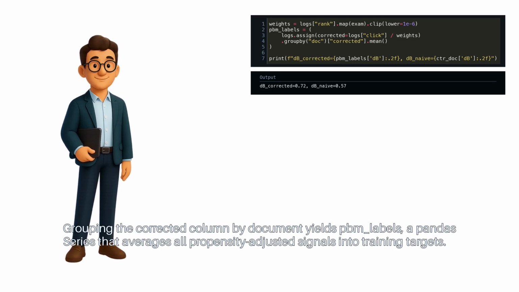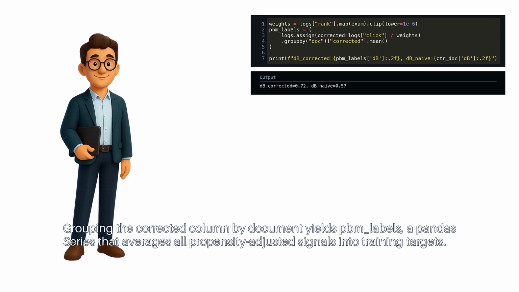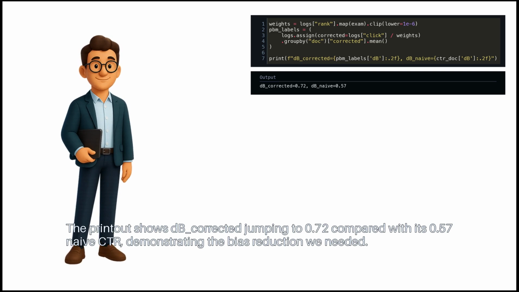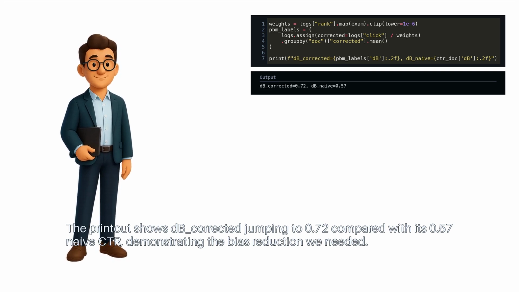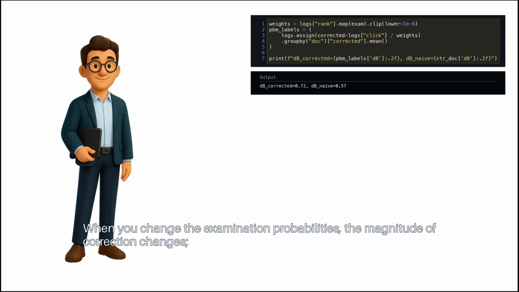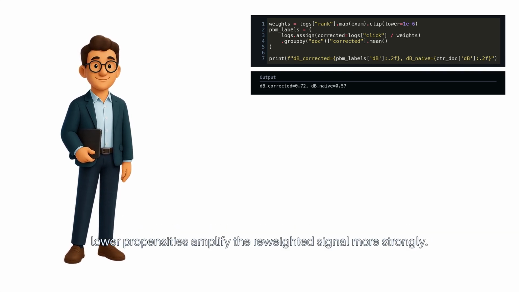Grouping the corrected column by document yields PBM labels, a pandas series that averages all propensity-adjusted signals into training targets. The printout shows DB corrected jumping to 0.72, compared with its 0.57 naive CTR, demonstrating the bias reduction we needed. When you change the examination probabilities, the magnitude of correction changes. Lower propensities amplify the re-weighted signal more strongly.